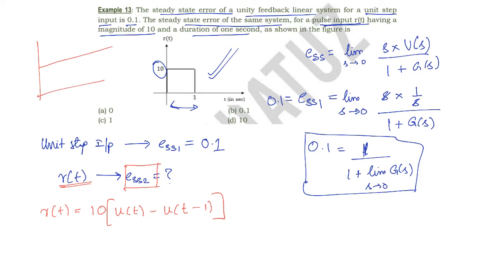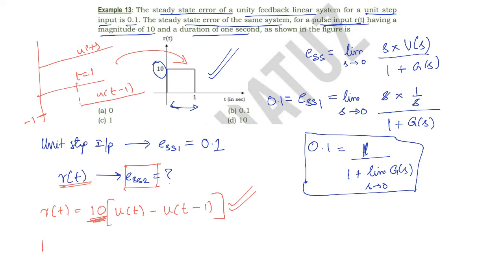Because u of t will be like this, and minus u of t minus 1 is a function with a magnitude of minus 1 starting at t equal to 1. If you add up these two functions, you get this function, and the factor 10 gives the magnitude 10. So this is the expression for the input pulse.